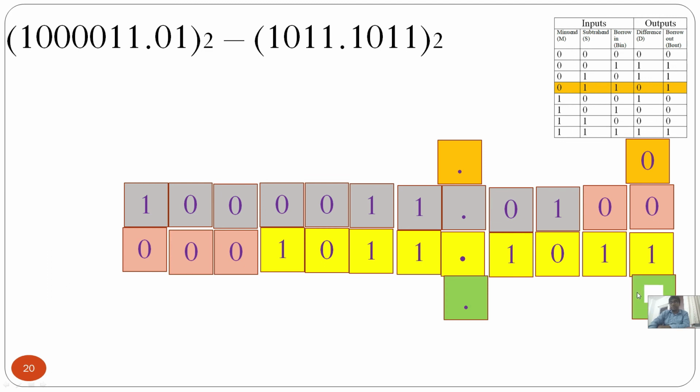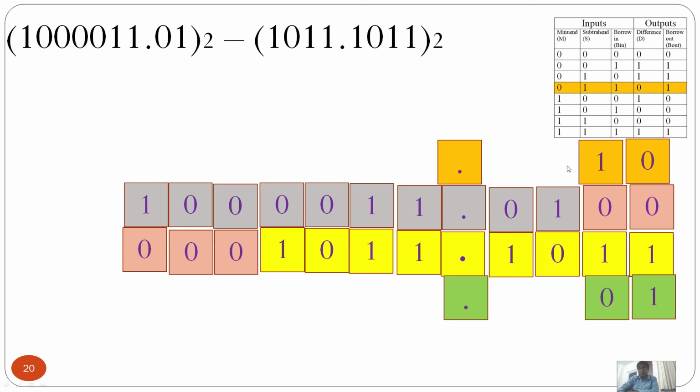The difference is 1 with borrow 1. 0 minus 1 with borrow 1, and for this case 0 minus 1, the intermediate difference is 1. So 1 minus 1, the difference is 0 along with the borrow 1.